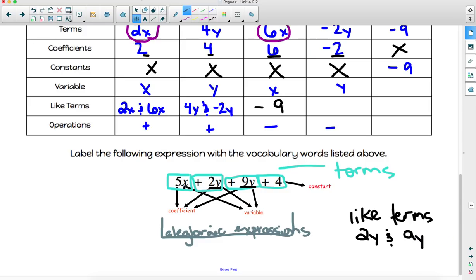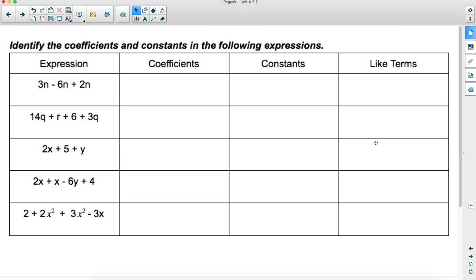Okay, so that is it for the notes. I want you to go ahead and fold this in half and get this taped into your math journal. Once that is completed, you're going to grab this sheet off of the table or from the teacher, and practice doing just what we did, but this time I narrowed it down to coefficients, constant, and like terms.